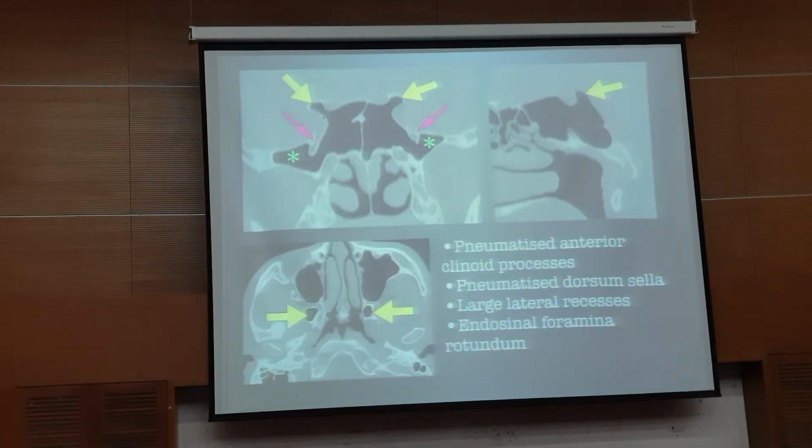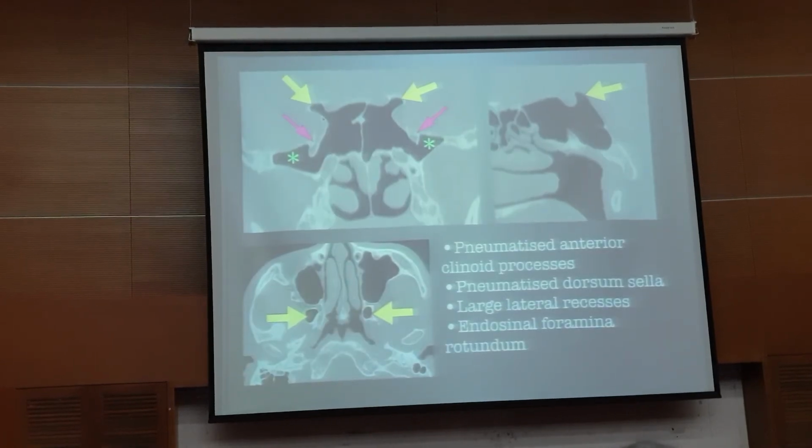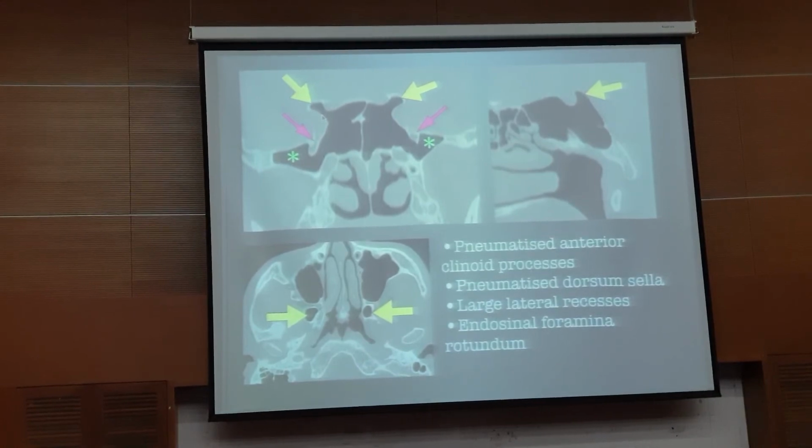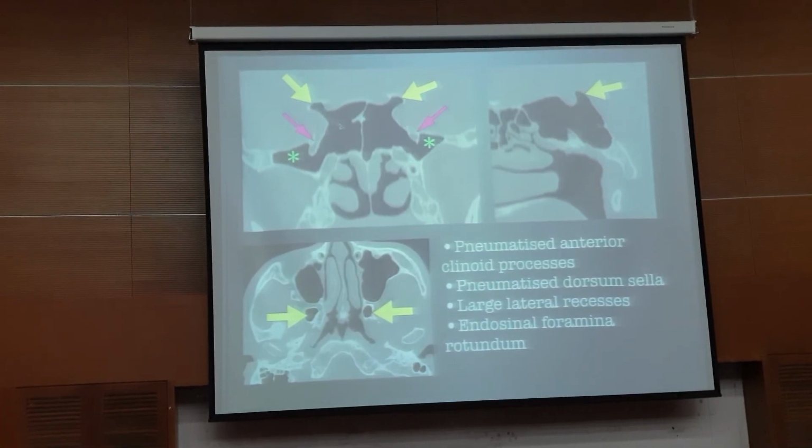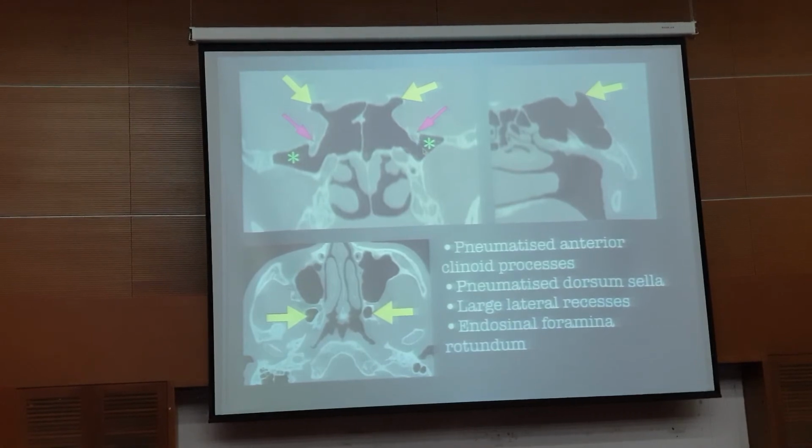So this patient has a very hyperpneumatized sphenoid sinus that you can see. It has everything. You've got pneumatization of the anterior clinoid processes. You have lateral recesses here. In fact, the foramen rotundum are almost like floating inside a lot of pneumatization. So when you're poking around here, you want to be careful about that.